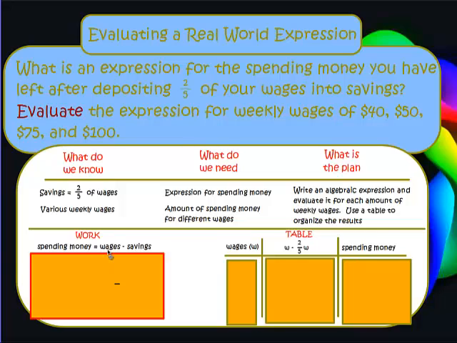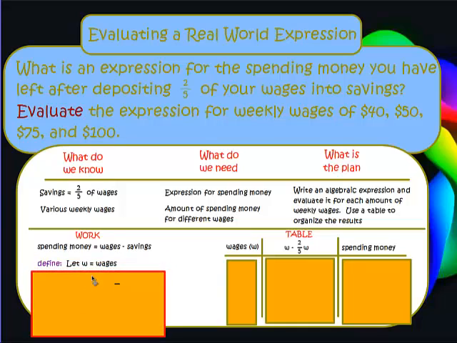So everything I make minus whatever I put into savings is what I get to keep to spend. I know my savings is 2/5 of my wages, so really, it's my wages minus 2/5 of my wages. Whenever we see the word "of" here, we always think multiply. "Of" in math almost always refers to multiplication. That's going to be important here.